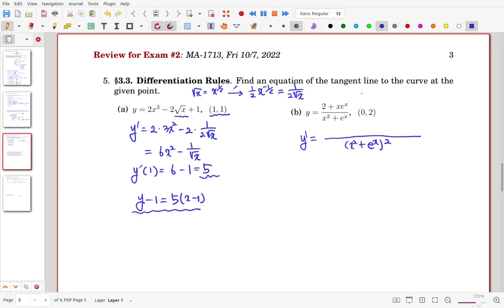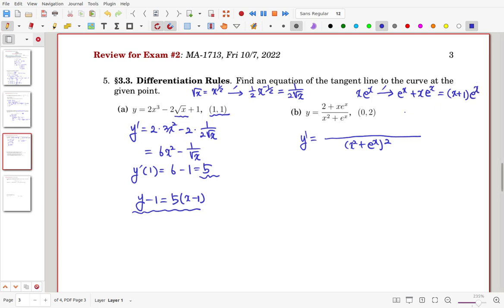So we may consider the derivative of x e to the x first, separately. Then by using the product rule, it becomes 2x plus x times e to the x, and now x e to the x. Okay, so that is x plus 1 and e to the x.